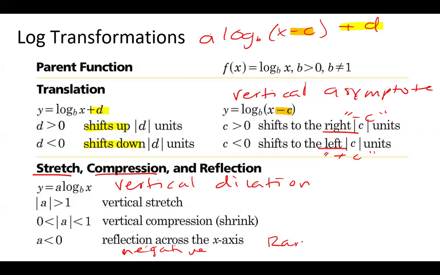So your range, no, it doesn't change anything. I just lied to you. I don't know why I said that. That's if we were doing horizontal dilations, and we're not doing horizontal dilations yet. We're only doing vertical because we're only in Algebra 2. Never mind. It's just a reflection. It's not going to change any properties. Too bad. Darn it.